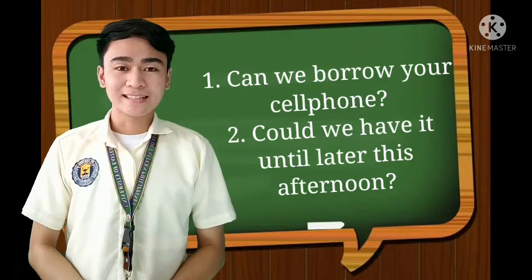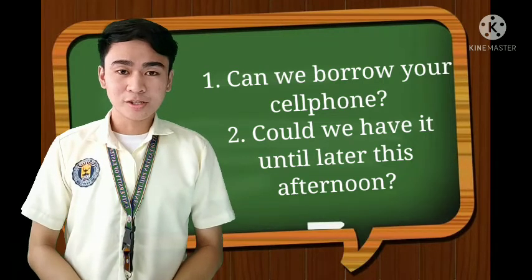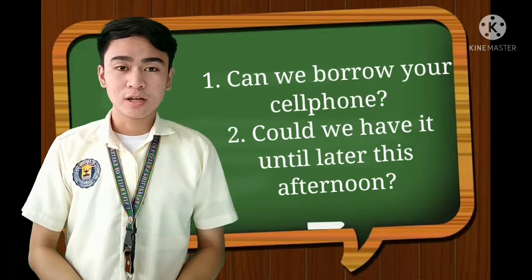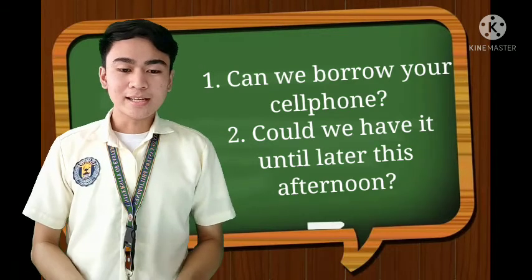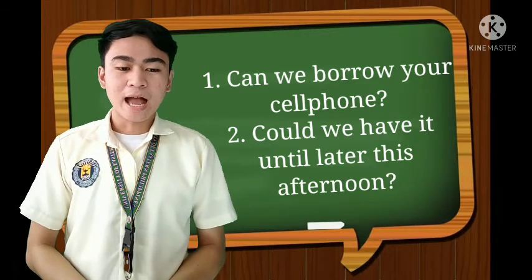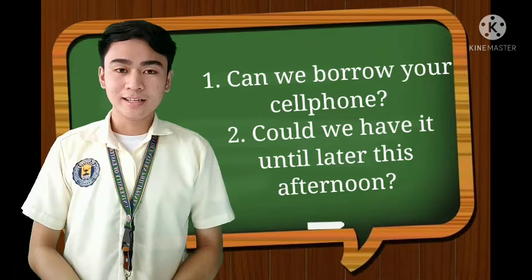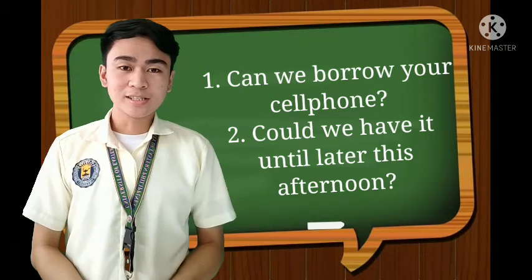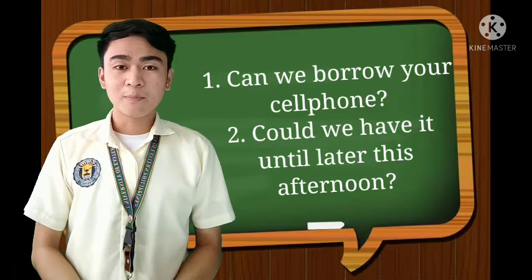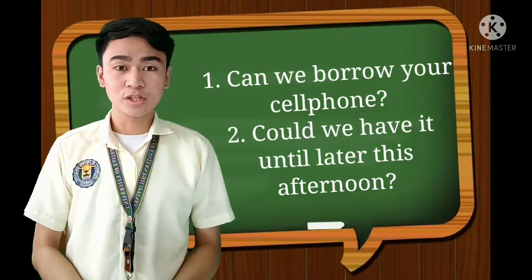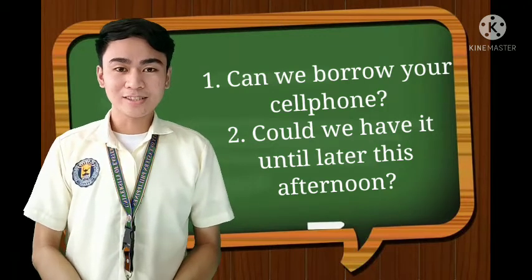The modal can indicates that the person is asking permission from someone to borrow his or her phone. Another example is, could we have it until early this afternoon? The person is asking permission about the phone, if he or she could have it until later this afternoon.